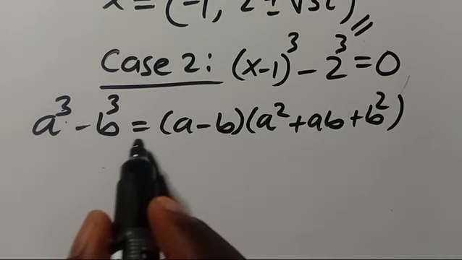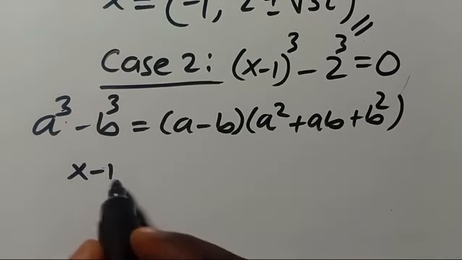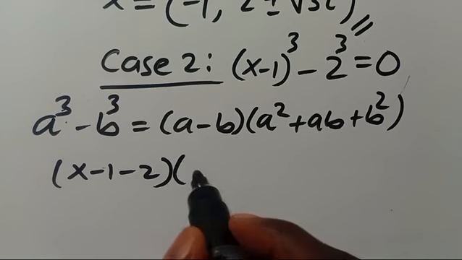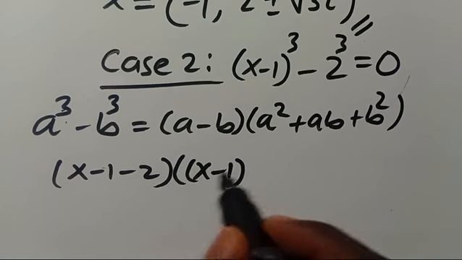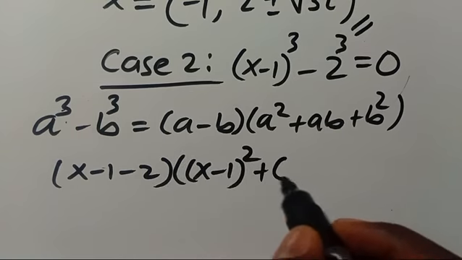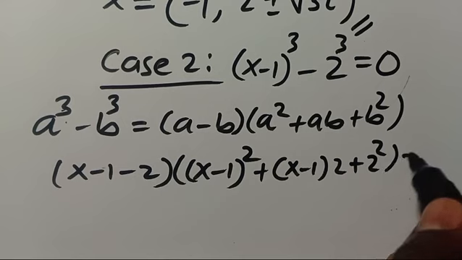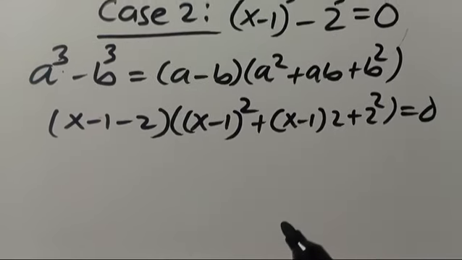So from here we are going to have this to be x minus 1 minus 2, multiplied by x minus 1 in parentheses to the power of 2 plus x minus 1 multiplied by 2 plus 2 square equals 0 from here.